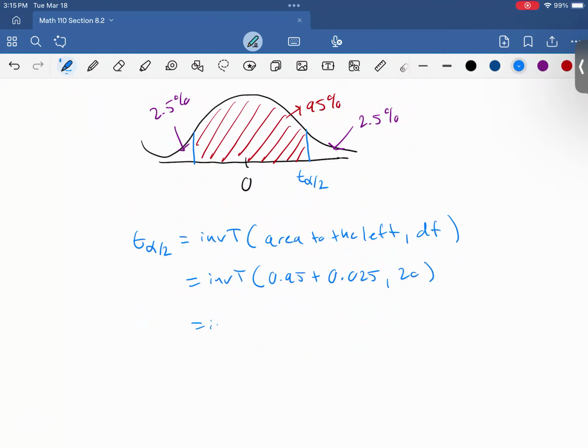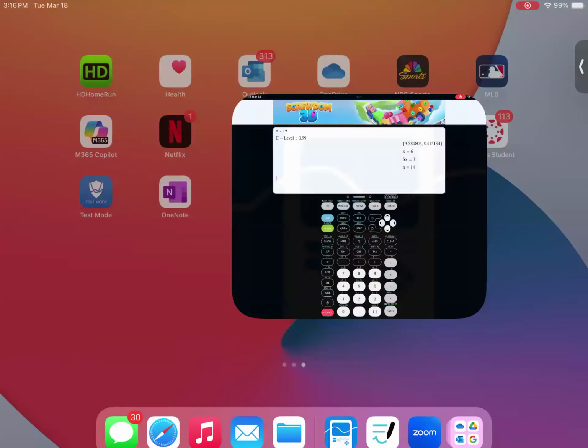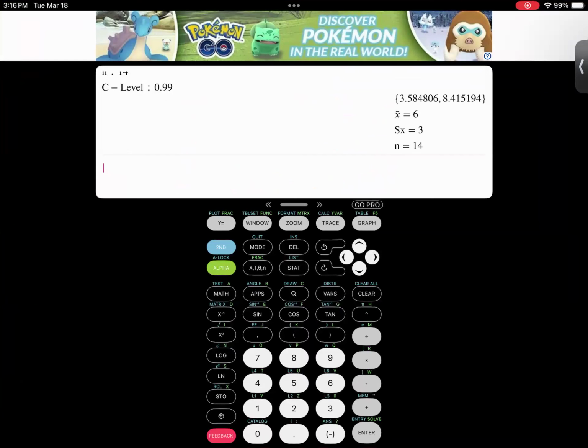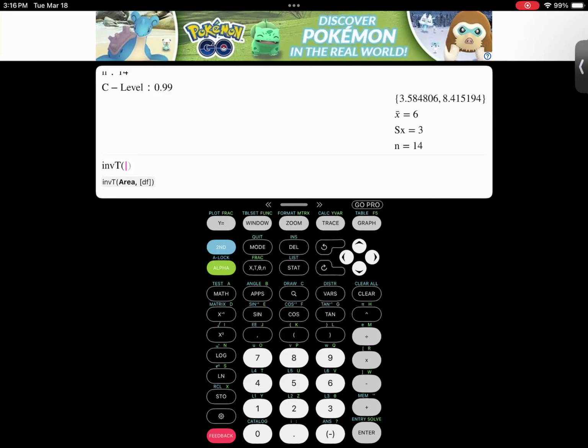Let's go ahead and clean this up. Let's add up 0.95 and 0.025. So this would be 0.975 and 20. And if we go to our calculator and calculate inverse t, let's check out what we would get. Second vars, inverse t is our fourth option.